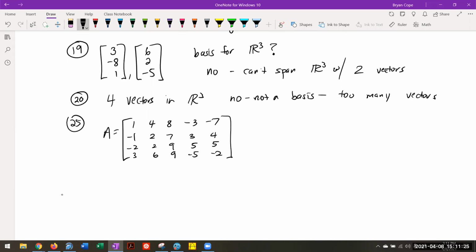So there's the matrix they give us. The directions say they're giving us a matrix A, and also an echelon form of A. So they've done the calculator work for us. Unfortunately, they don't put it in ref, but that's okay because we can still tell what the pivots are.